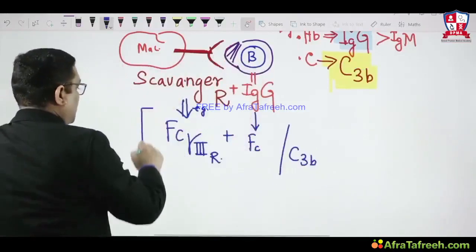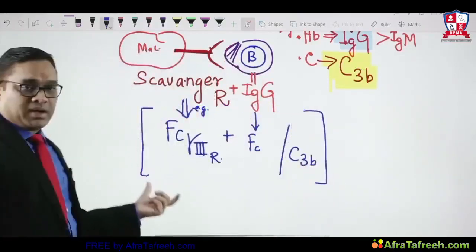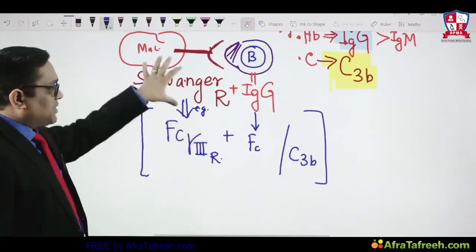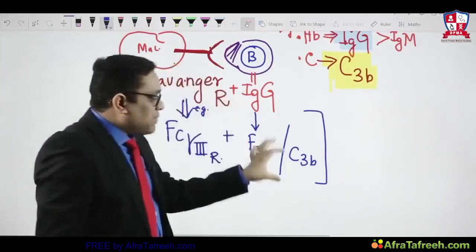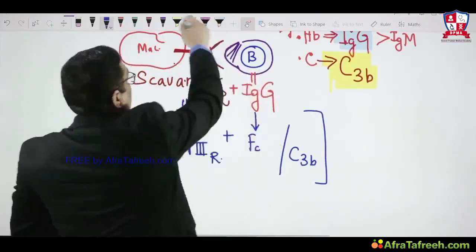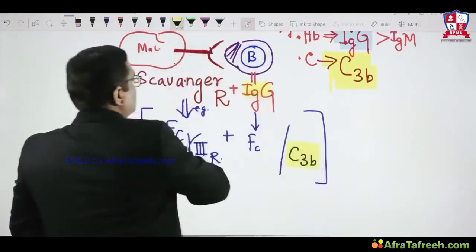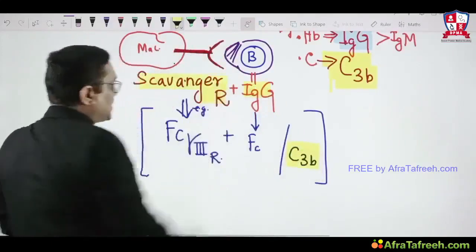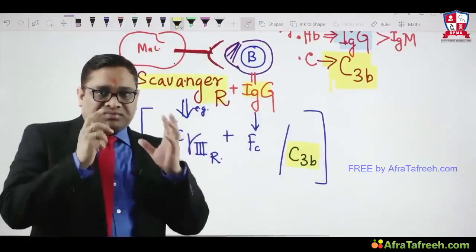This is the step of attachment. The Fc gamma 3 receptor, a scavenger receptor, will combine with the Fc fragment of IgG or IgM, or with complement C3b. So recognition and attachment is the first step.